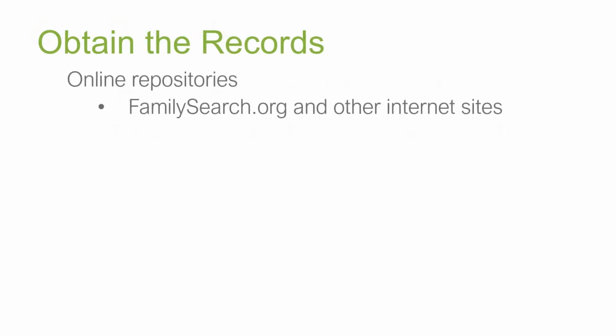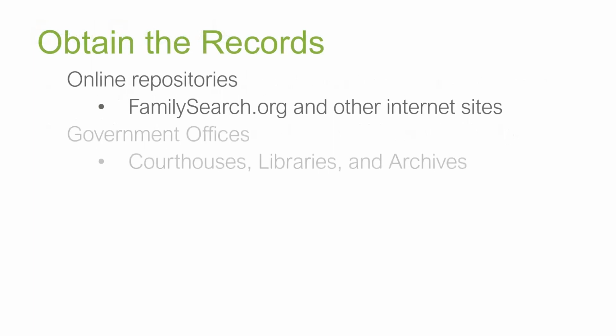After you have determined the best records to search to solve your research problem, the next step is to obtain the records. To do this, I can look in several places. First, there are online repositories, such as FamilySearch.org and other internet sites. I can also look in government offices, such as courthouses, libraries, and archives.